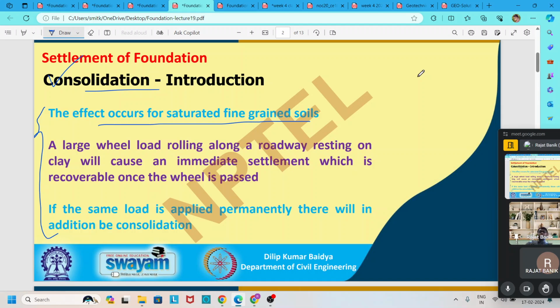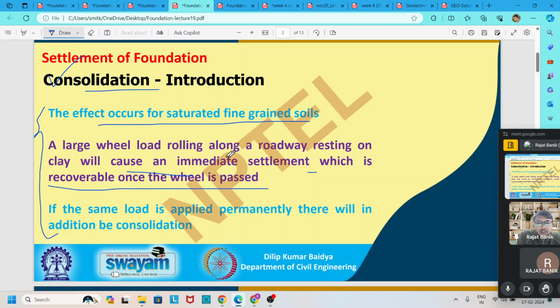And here one or two points are given. It says that a large wheel load rolling along a roadway resting on clay will cause an immediate settlement, which is recoverable once the wheel has passed.